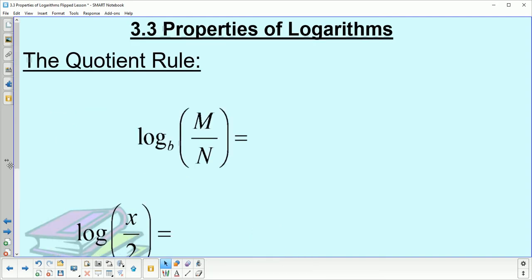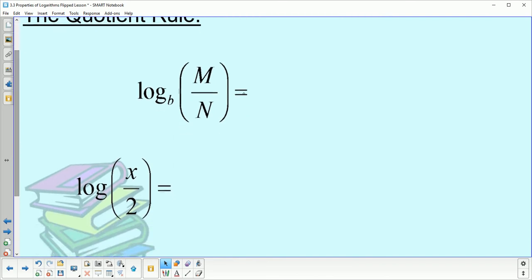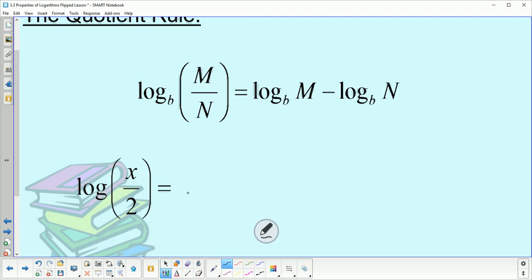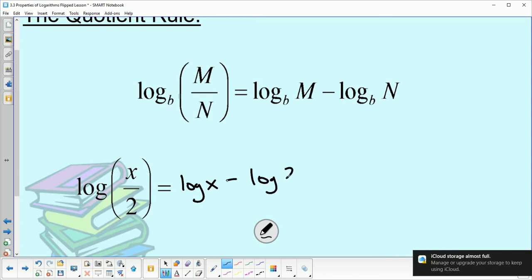Okay, again, same idea when we talk about our quotient rule. We're taking a log with some base b of the quotient of m over n. It's just going to end up being the difference of the two logs. So in our example here, we'll have the log of x minus the log of 2.